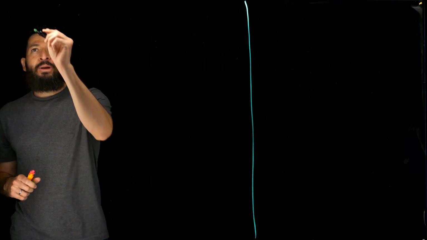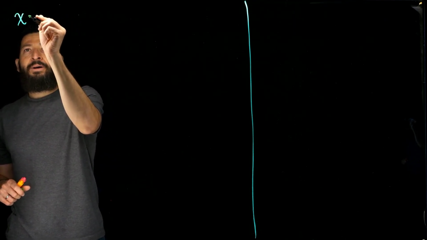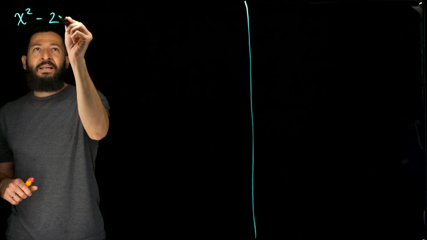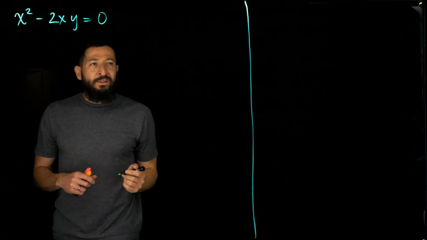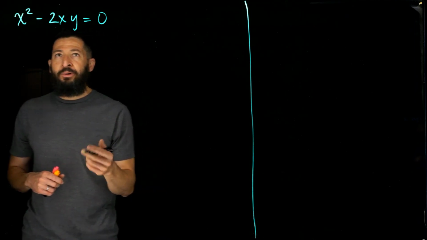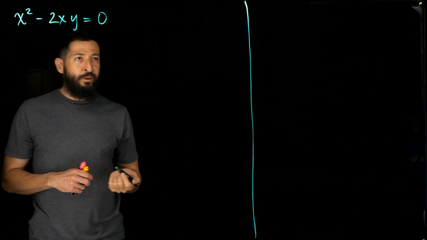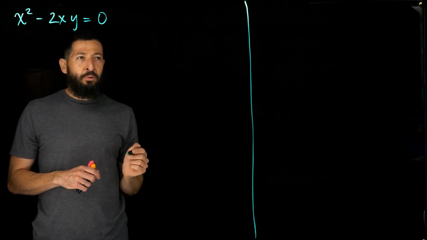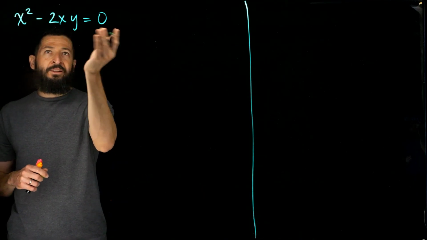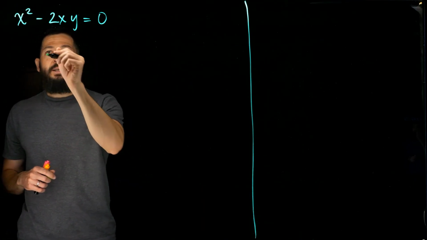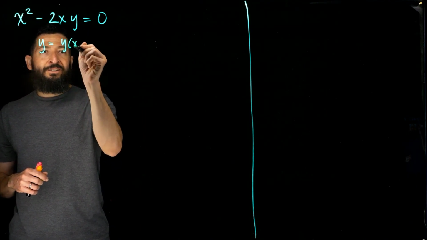So remember what we had in implicit differentiation, and I'm going to use an easy example. So let's say something like this. With implicit differentiation, what we were doing was taking the derivative of this whole thing with respect to x, but we're taking the ordinary derivative because we were assuming, and rightly so here, we can solve for y. We were assuming that y was a function of x.